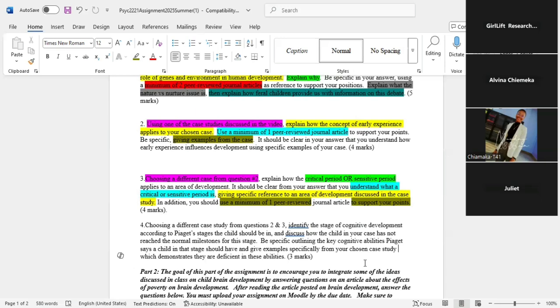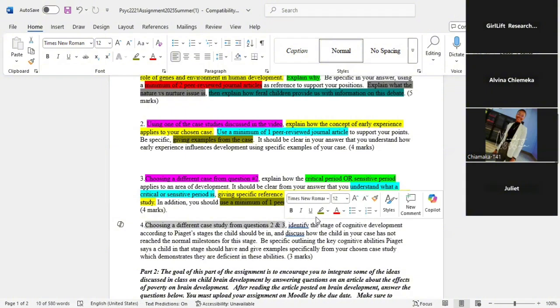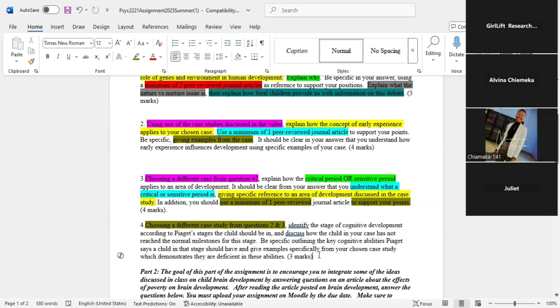Wow. Okay, so I think the first thing is that we should highlight the fact that we are using a different case study other than questions 2 and 3. Okay, done. So our case study should be different. Then next, identify the stage of cognitive development according to Piaget's stages that the child should be in. Okay, I think we should do the identification.